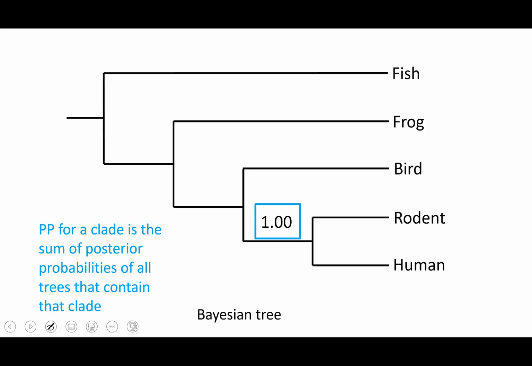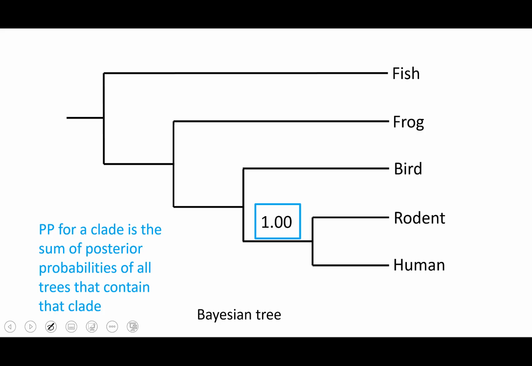And on this tree, I've assigned a posterior probability of a 1 to rodents and humans. And if you read the blue text, it says the posterior probability for a clade, remember this is the clade now, not the tree as a whole. The clade is the sum of the posterior probabilities of all the trees that contained that clade.